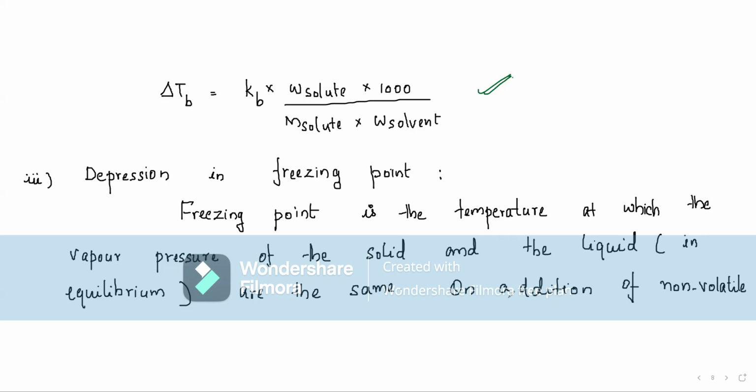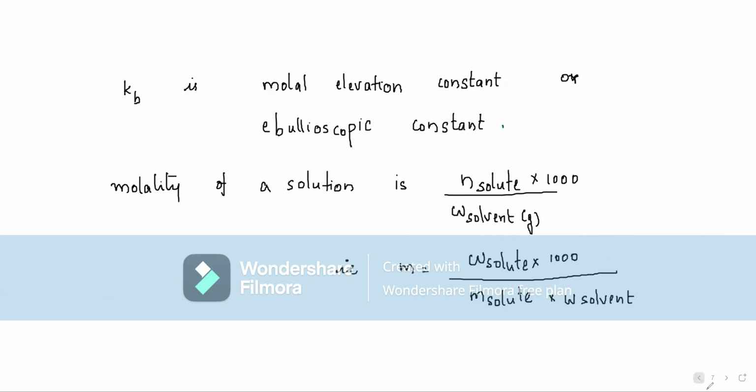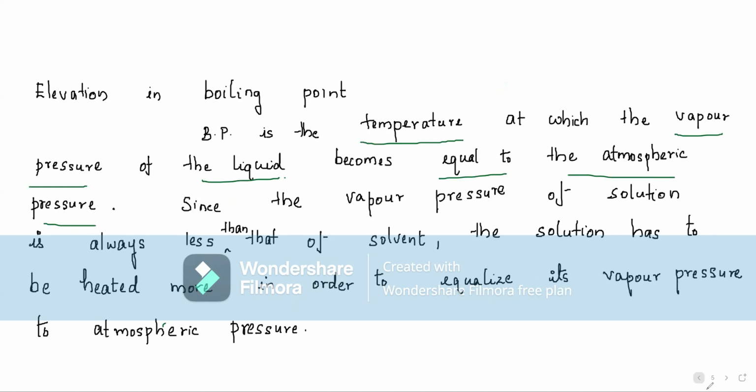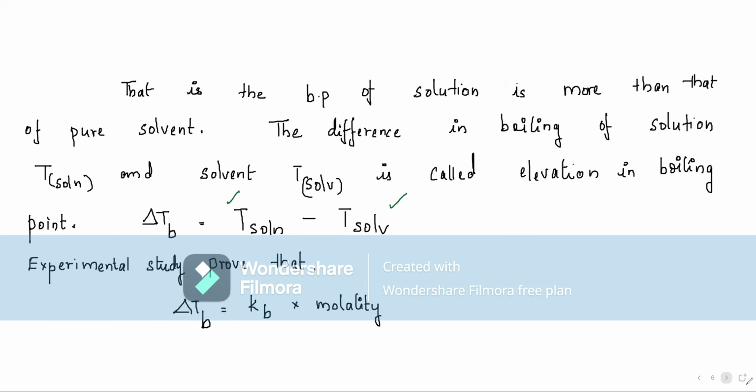So the second colligative property, once again, is the elevation in boiling point. First of all, we should know what is boiling point. Second, the boiling point of a solution is always greater than the boiling point of the pure solvent. This difference is called elevation in boiling point. Delta TB is equal to a constant into molality.